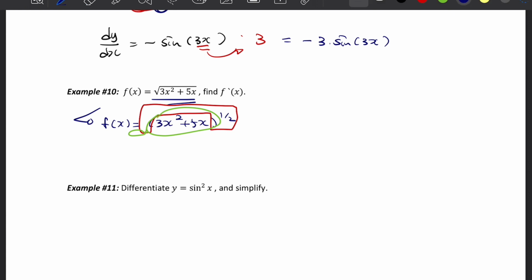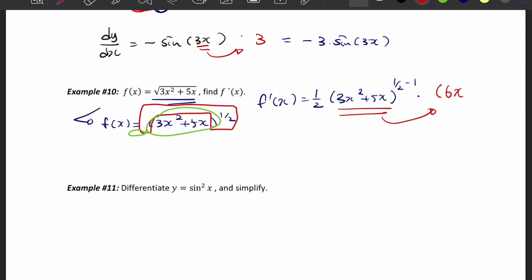So f prime x is 1 over 2 times (3x squared plus 5x) to the power of 1 over 2 minus 1, times, we take the inside and differentiate it, so it becomes 6x plus 5. Then f prime x equals 1 over 2 times (3x squared plus 5x) to the power of negative 1 over 2 times (6x plus 5).